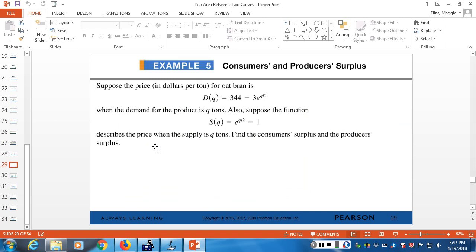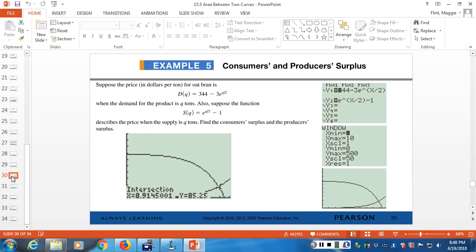It is 344 minus 3 times e to the q over 2 power. And the demand for the product is q tons. Suppose that the function S of q describes the price where the supply is q tons. And that's going to be e to the q minus 1. Find the consumer surplus and the producer surplus.